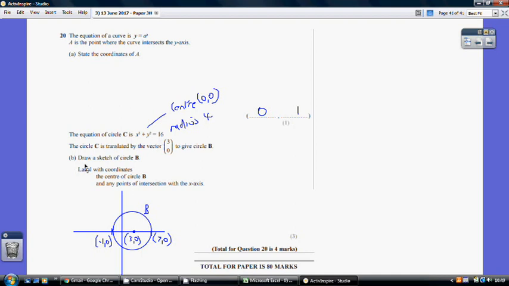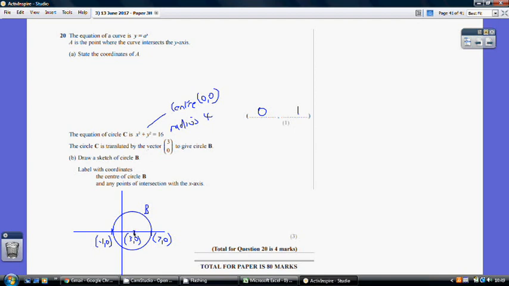We need to draw a sketch, so when I draw my original circle, it would have a centre 0, 0 and a radius of 4. Now the circle is translated by the vector 3, 0 to give circle B. So we're just shifting this circle 3 to the right. So the centre is no longer going to be 0, 0. The centre is going to be 3, 0.